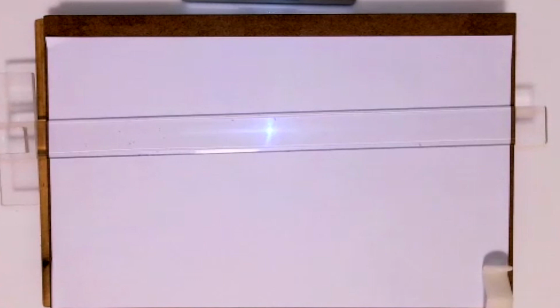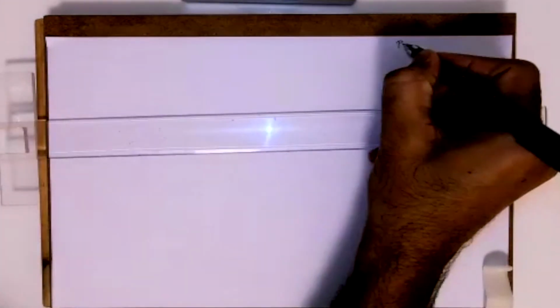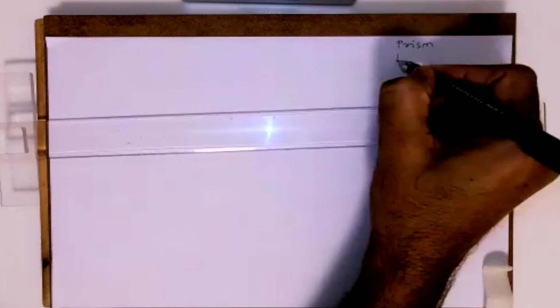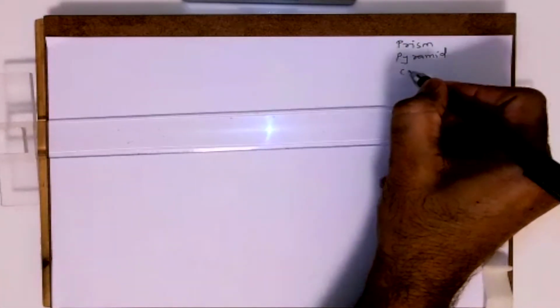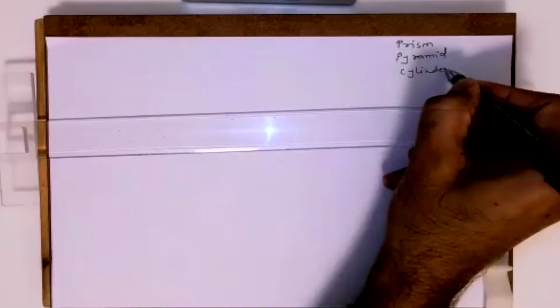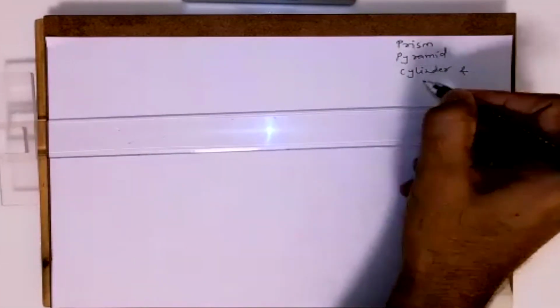Now we'll see one sum, very first sum. Here they have given, I'll just read out the sum. Wait, it's prism. So now what we are going to study, we are going to study prism, pyramid, cylinder, and cone.